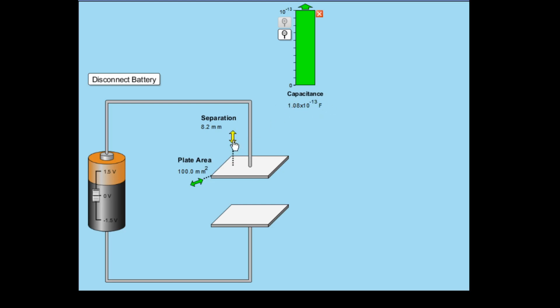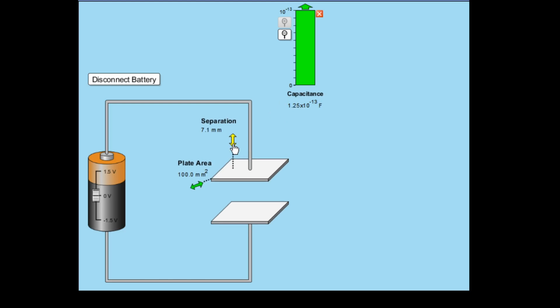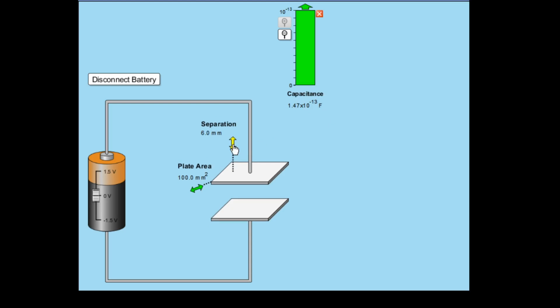Now let us see. If the distance is 7.1 millimeter, then the capacitance has increased to 1.25. One more reading we will take. Suppose the distance between the plates is 6 millimeter.